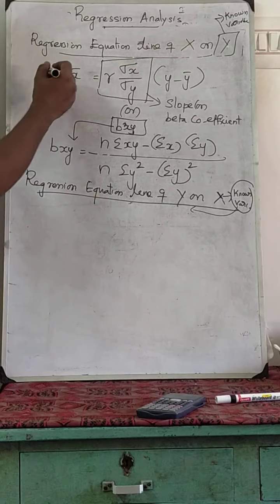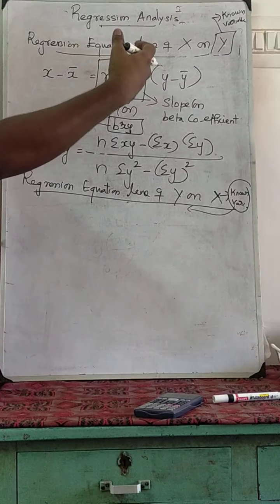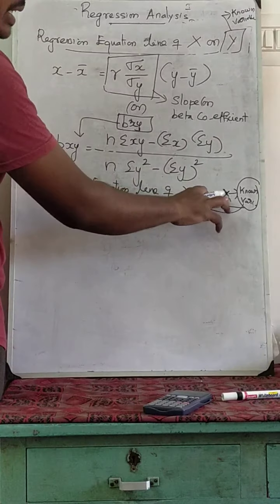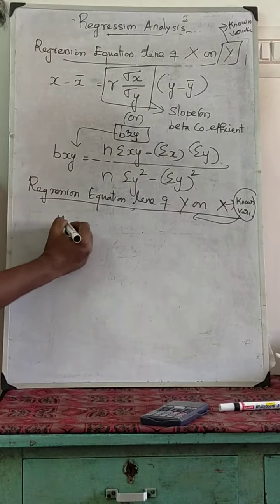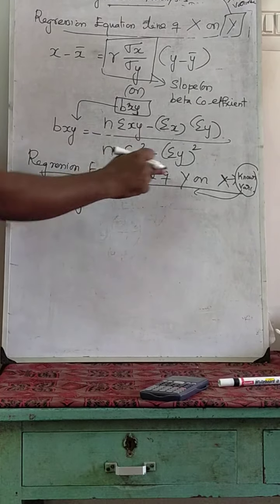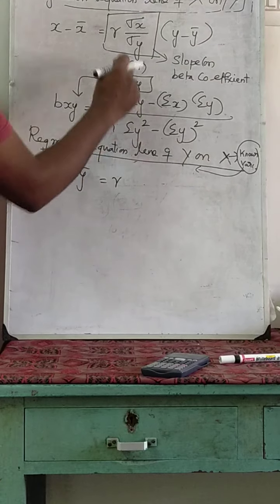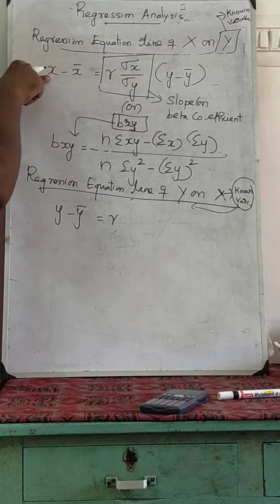Okay, so here again, earlier it was x minus x bar, because we needed to find the value of x. But here we are going to find out the value of y by using the x variable. So now y minus y bar, because we have to find the value of y, or here sigma x, because we need to find the value of x.